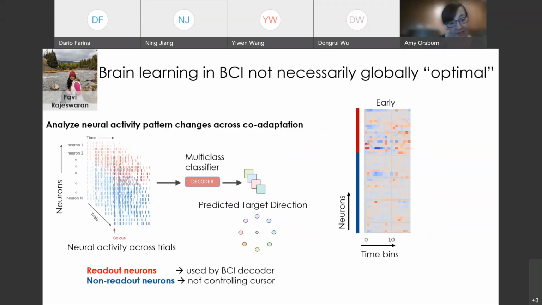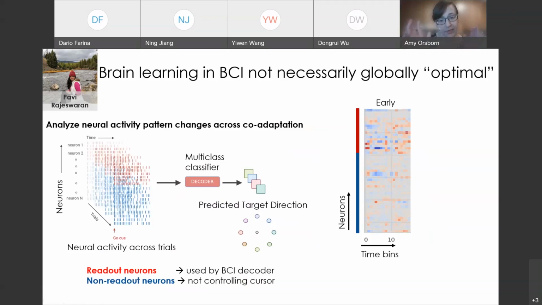Once we train these classifiers, we can look at the coefficient matrices to understand which neurons are contributing to the task control and how. This is one example of a coefficient matrix, with time on the x-axis and neurons on the y. We've arranged the neurons so that the readout neurons are on the top, and the non-readout neurons are on the bottom.